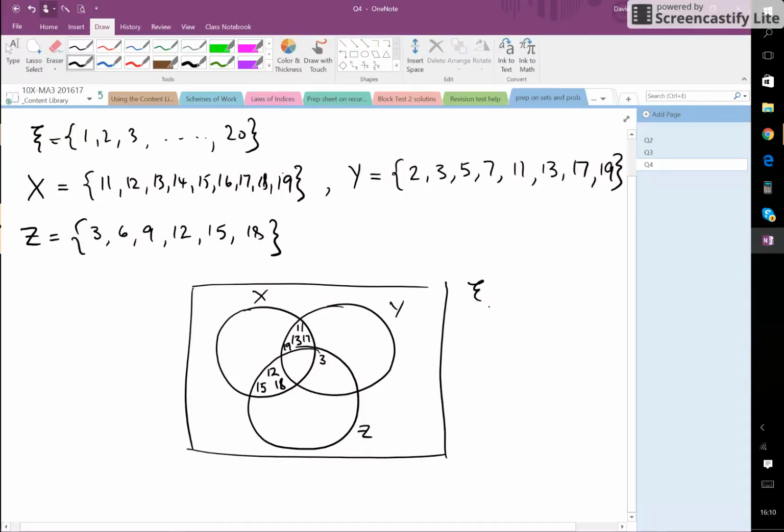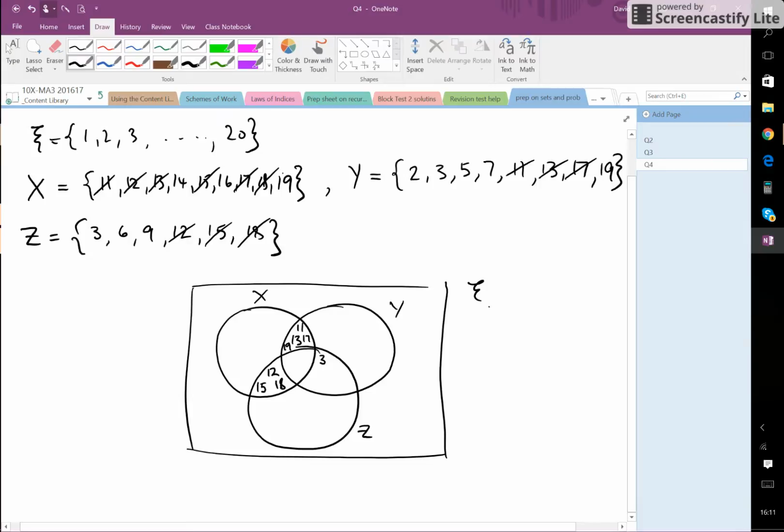Okay, so let's do the numbers that we've already dealt with. We've dealt with 11. It goes there. We've dealt with 12. We've dealt with 13. So cut those out. We've dealt with 15. We've dealt with 17. We've dealt with 18.